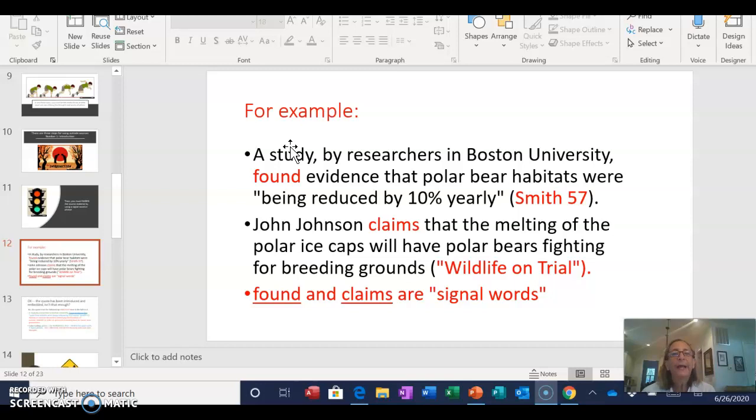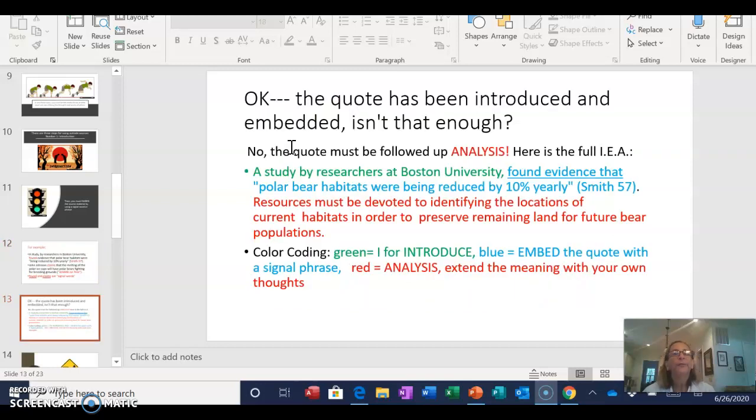John Johnson claims, there you go with a signal word, that the melting of the polar ice caps will have polar bears fighting for breeding grounds. Found and claims are the signal words. So now the quote is introduced. It's been embedded. Can't we just stop it there?